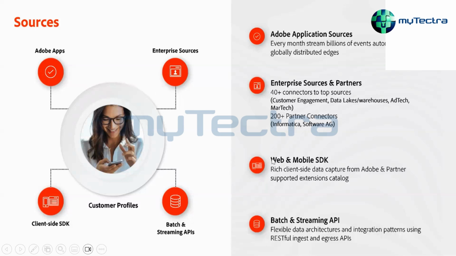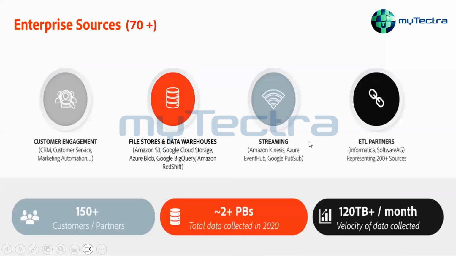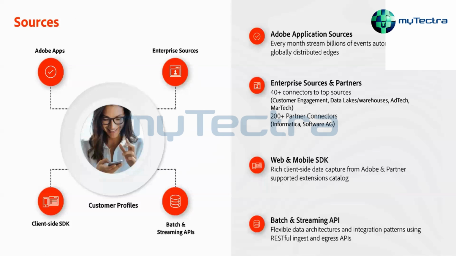And there is something called Web and Mobile SDK, the Web Software Development Kit or Mobile Software Development Kit. For example, there's a lot of data in third parties that neither belongs to Adobe apps nor to any connectors that are already present by default. Say there's a third-party application that doesn't have any connector in AEP, and you want to collect the website information into your AEP, but you don't have a direct connector.